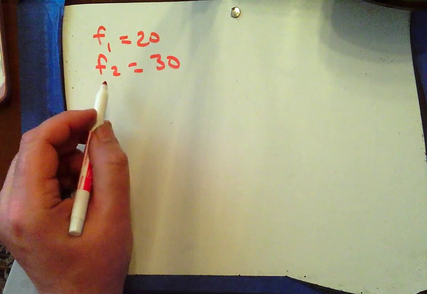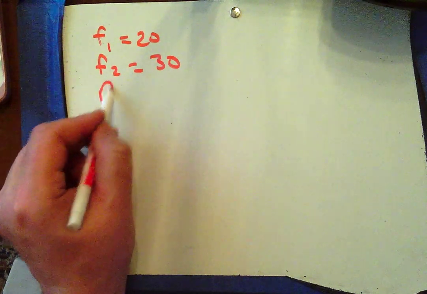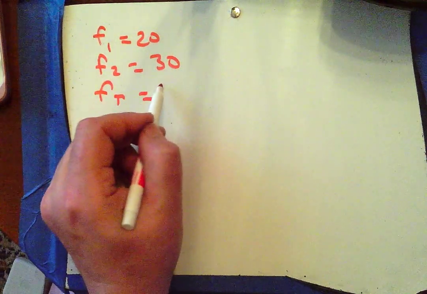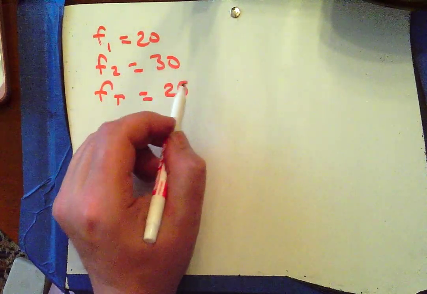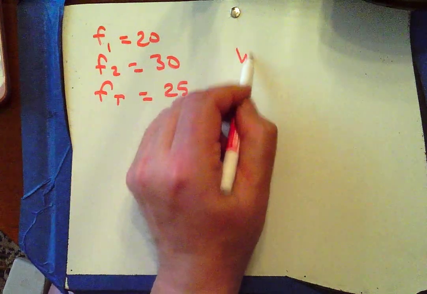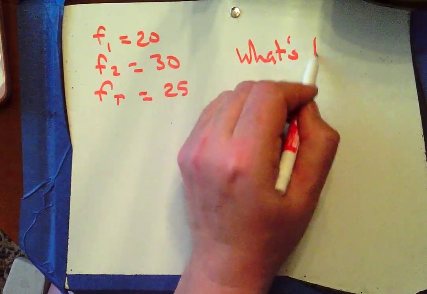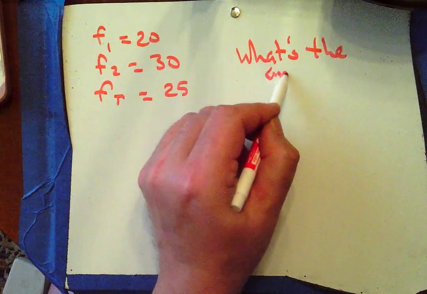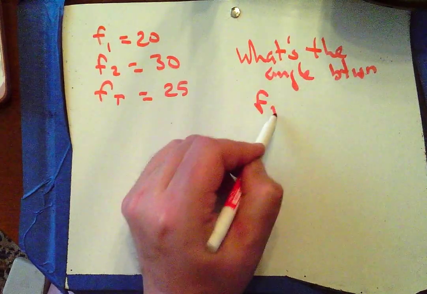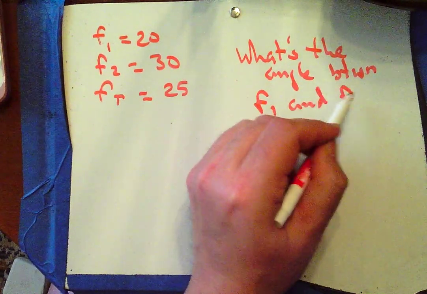And you've got the resultant vector, Fr, of 25 pounds. What we're asked to find is, what's the angle between force 1 and force 2?